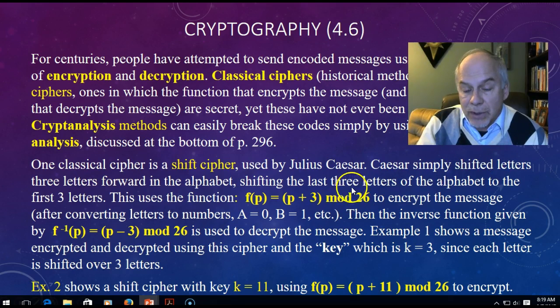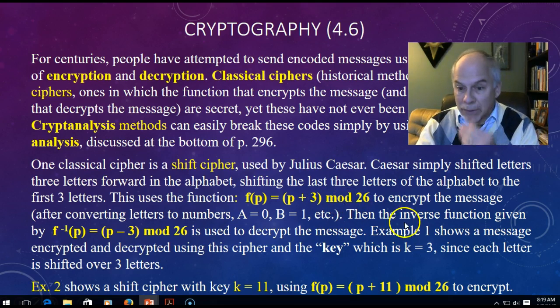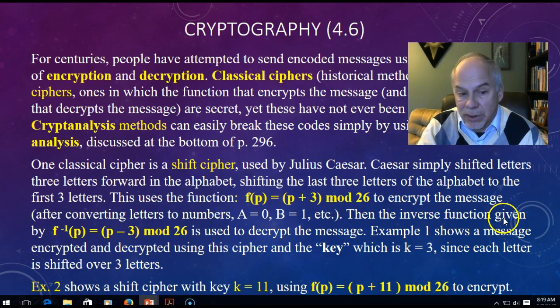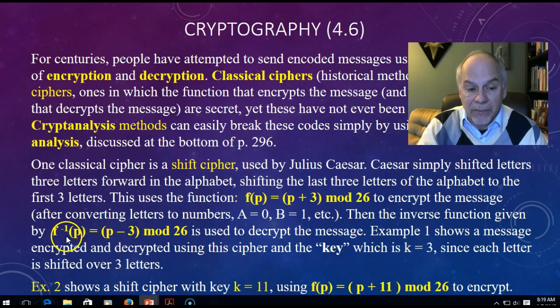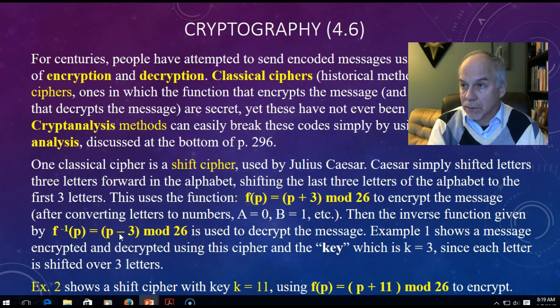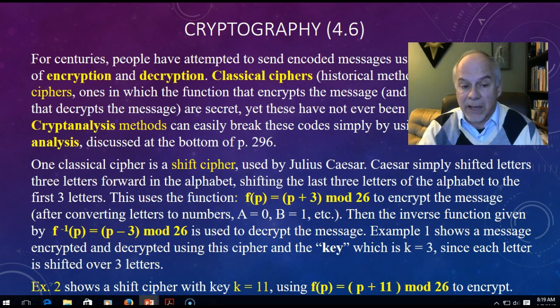Anyway, it would shift it by adding 3 to the letter. Now, to decrypt the message, you'd use the inverse function, which is p minus 3 mod 26. So you just subtract 3 instead of adding 3.